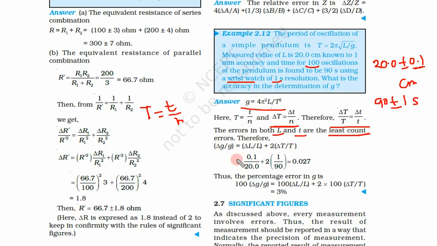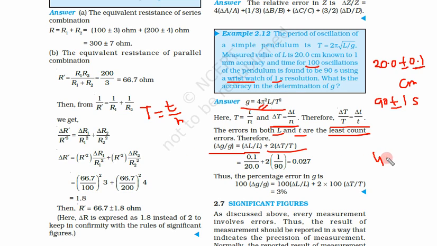Now let us see. So delta G upon G is equal to delta L upon L plus 2 delta T upon T. So how do we get this formula? You remember that if we have a power function, then we use this kind of terms. But where is 4 pi square?